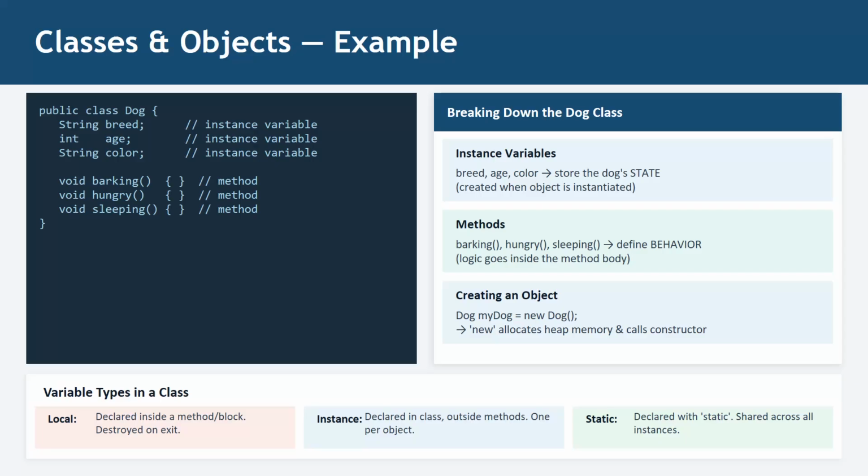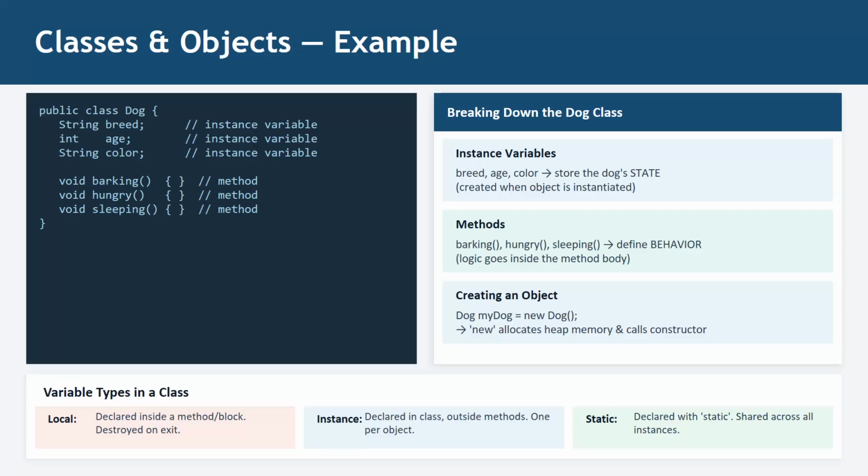Then you have creating an object, which is a dog. You initialize it using myDog, then you give it new Dog, where you can state all the features about the dog. The new keyword allocates heap memory and calls the constructor to work on the dog. We have different types of variables.